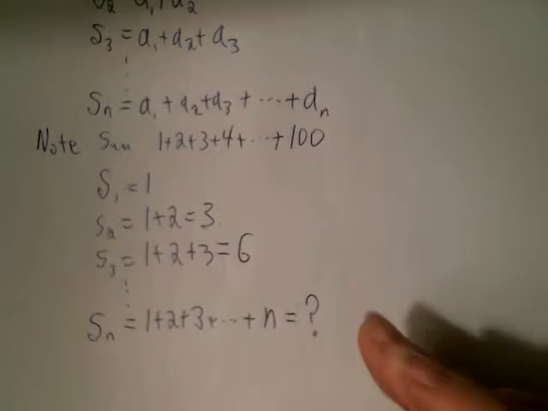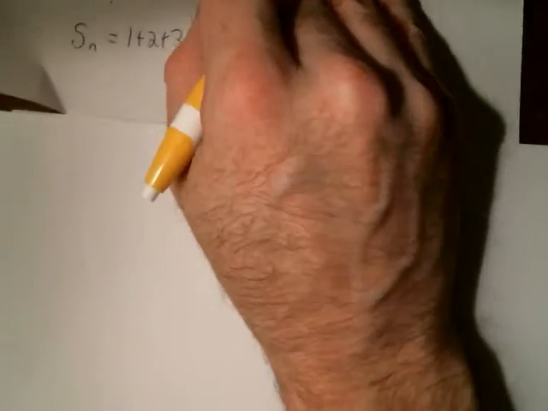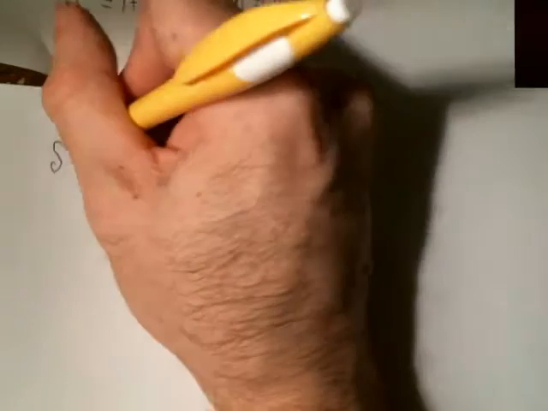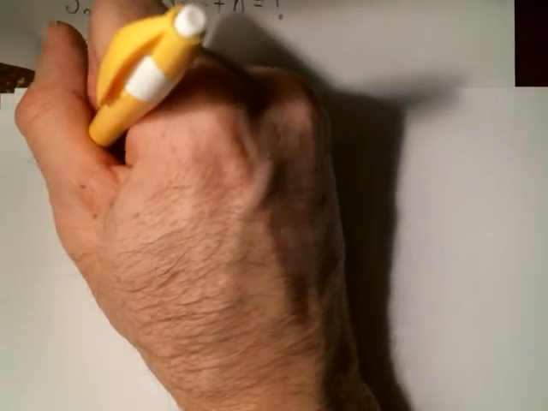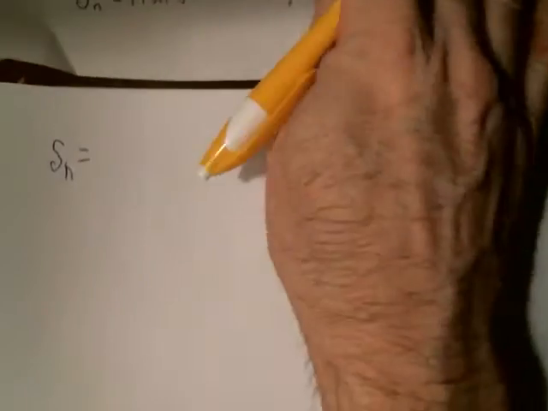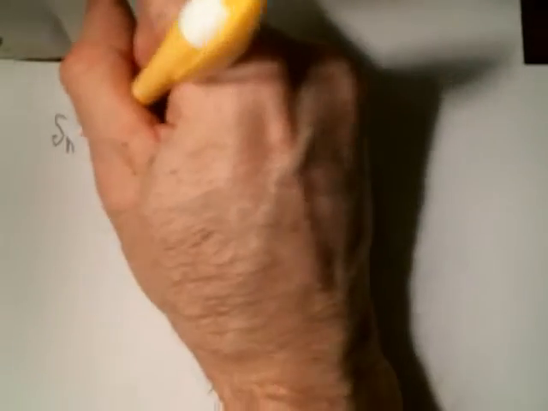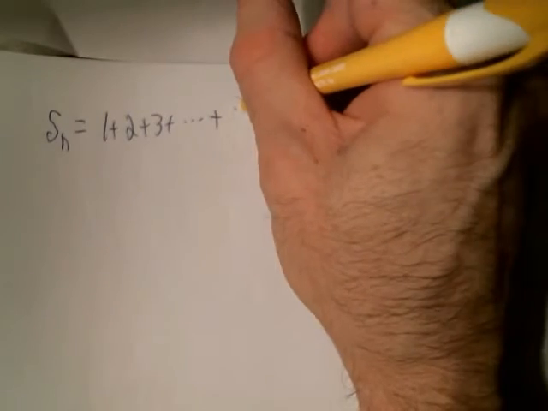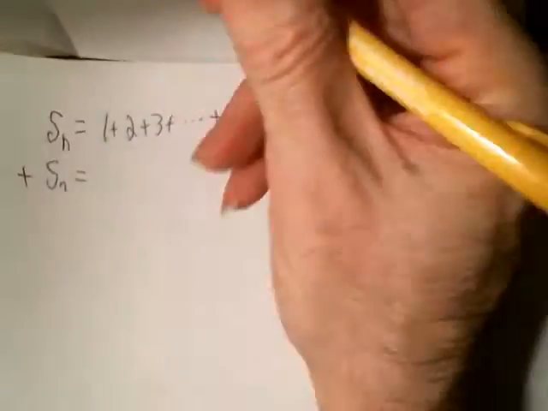One thing we could do is split it up in a weird kind of way. So what I'm going to do is add it to itself. Let's take S sub n, and this is kind of unusual, but just go with it. So it's 1 plus 2 plus 3 plus dot dot dot plus 100. And then we're going to add it to itself in a weird kind of way.